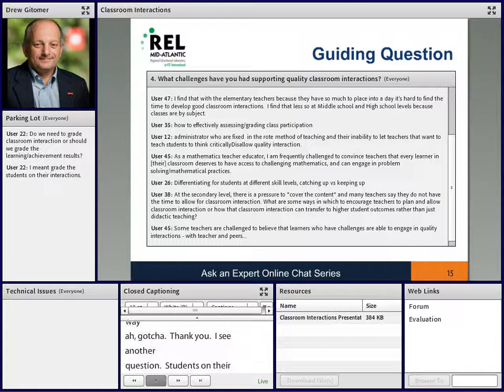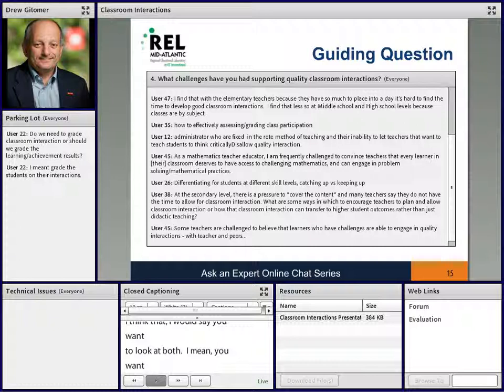I would say you want to look at both. You want kids to be engaged in productive interactions, doing certain things. But at what point does that become what you're really looking for in terms of achievement?